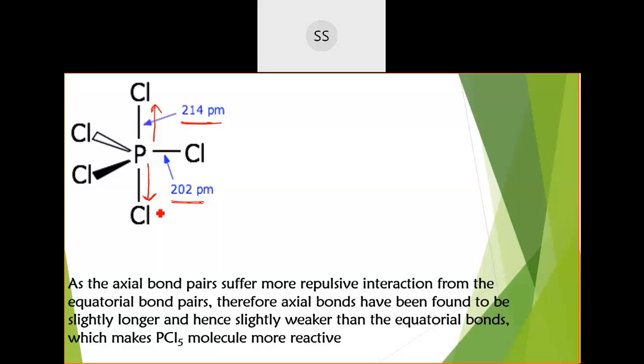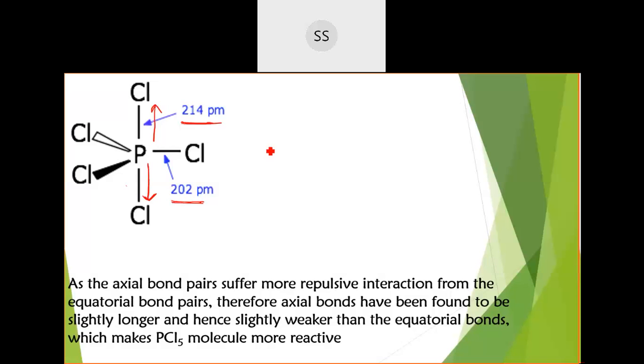The bond length is increasing, so the axial bond length becomes slightly longer than the equatorial one. Since the bond length is larger, it will be easier for us to break. You can imagine this with the analogy of a stick: if you have a longer stick, breaking it will be easier.